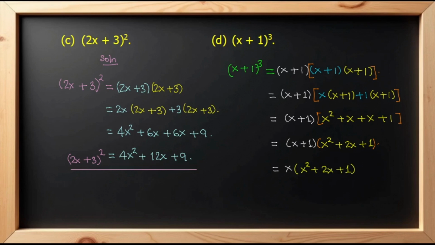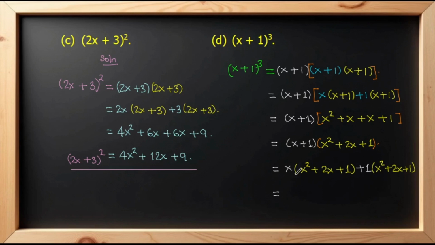Then the second element from our first bracket is plus 1, and we are multiplying it with our second bracket that is having terms like x squared plus 2x plus 1. Now let's go ahead and expand those brackets and simplify.